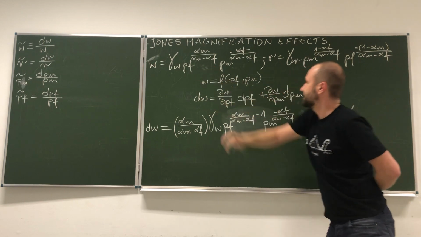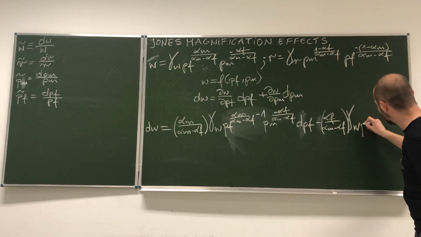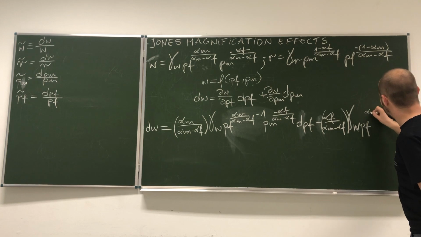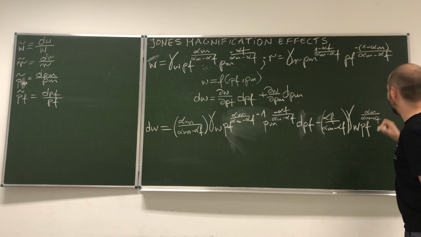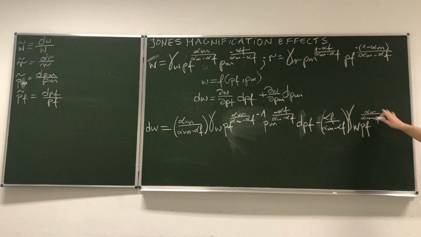Now Pf to the power alpha m over alpha m minus alpha f stays the same, we keep it constant, of course. Then we take Pm to the power minus alpha f over alpha m minus alpha f, minus 1. And of course, at the end, we would have dPm. Okay, so now we are halfway done.